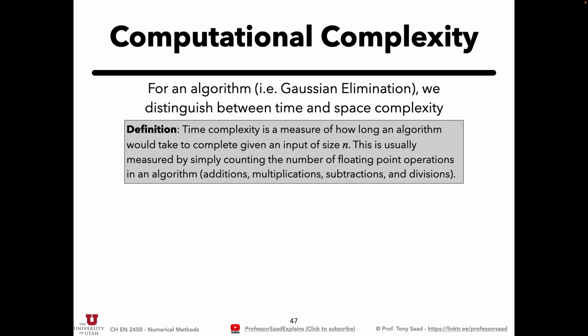So think of Gaussian elimination. That's why I plotted the cost of Gaussian elimination versus the number of equations. So how does that cost change as I change n and as I take n to infinity? Well, it was exponential, right? So that's the time complexity of the algorithm.